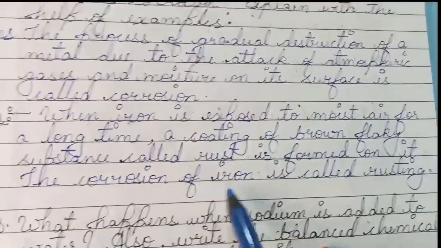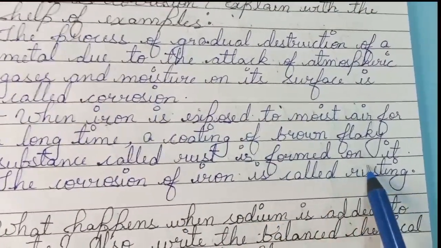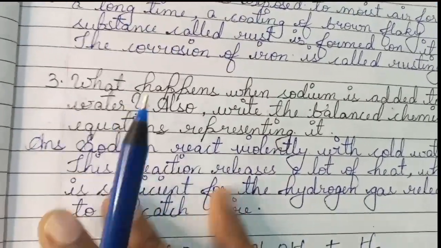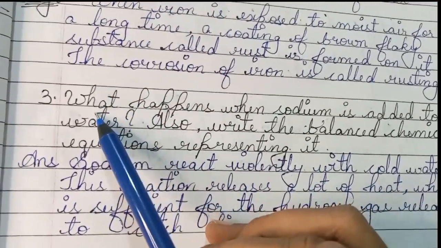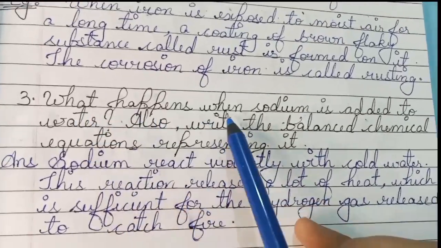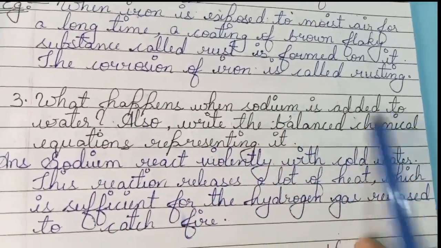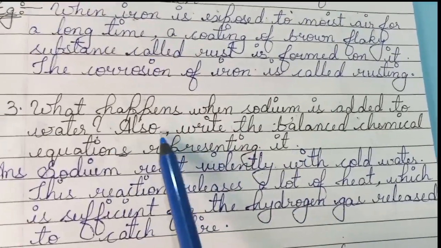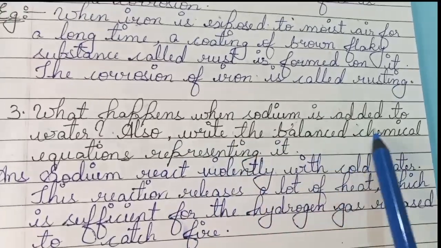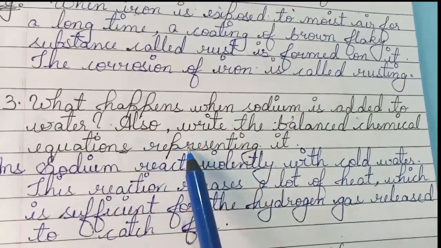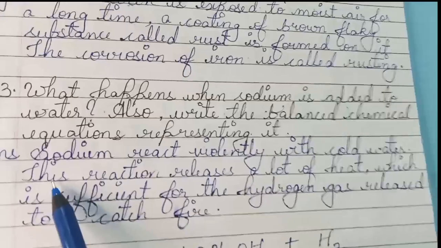The corrosion of iron is called rusting. Question number 3. What happens when sodium is added to water? Also write the balanced chemical equations representing it.